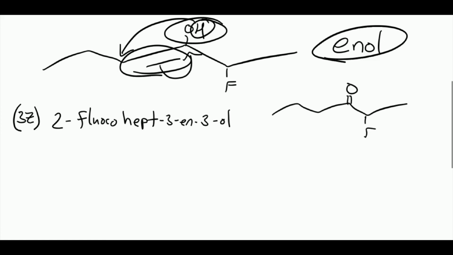Not a lowercase f, but an uppercase f. Enols can undergo tautomerization into ketones. Sometimes it requires quite a bit of work to make that happen. Sometimes it's a little bit easier than other times. It depends on the enol and the situation it finds itself in.